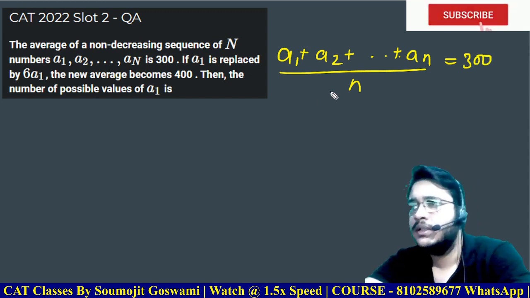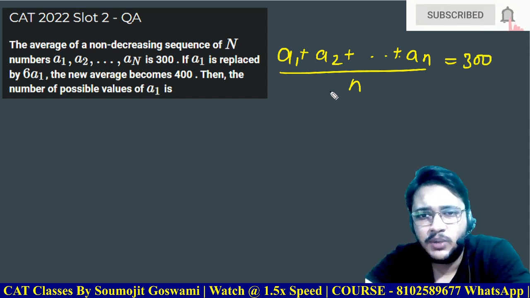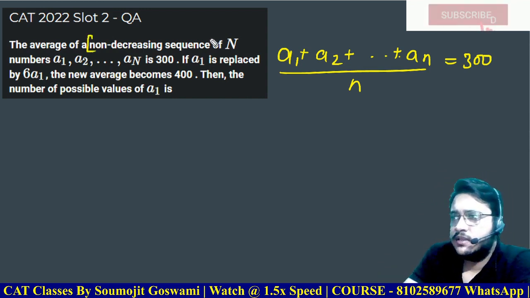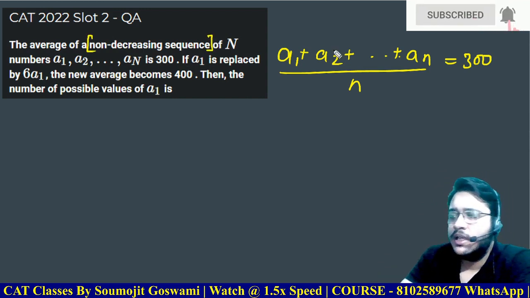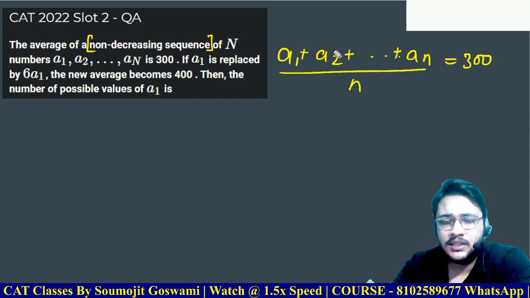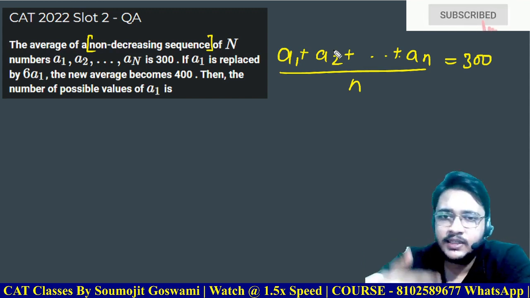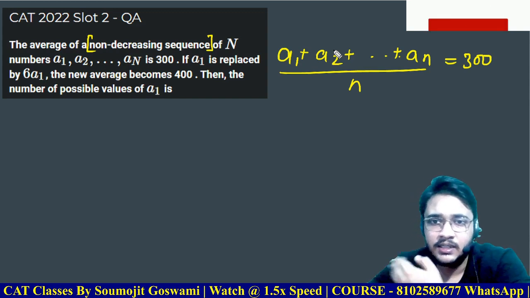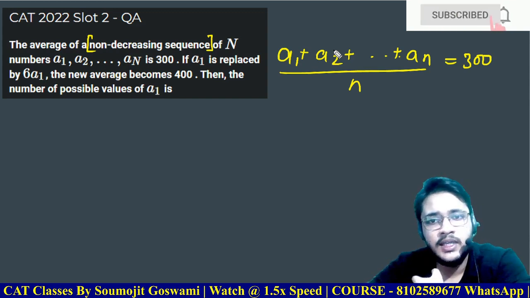This is a non-decreasing sequence. What does this mean? Now you have to be very careful of these terms. Non-decreasing sequence simply means that the terms a2, a3, a4 either are going to be greater than a1 or equal to a1.